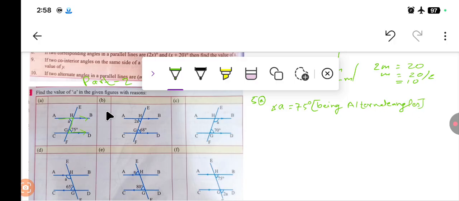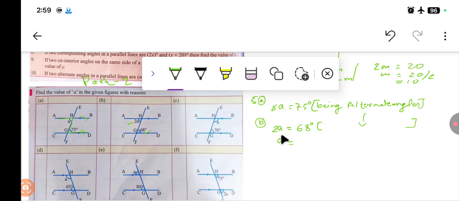Similarly, in question number 5b, we see again 2a and 68 are alternate to each other. Z shape is formed. So question number 5b, you can write like this: 2a is equal to 68. The reason will be the same, being alternate angles. Same reason you can write over here.